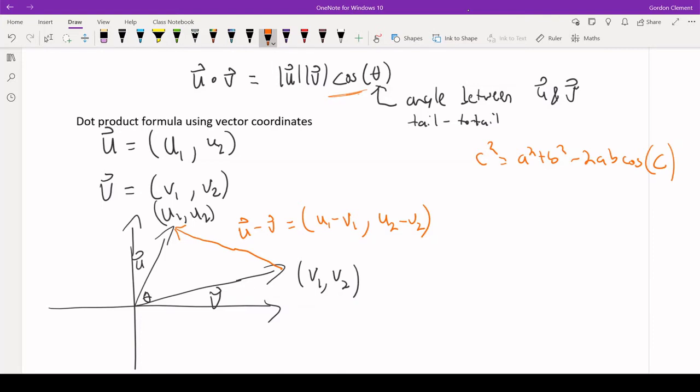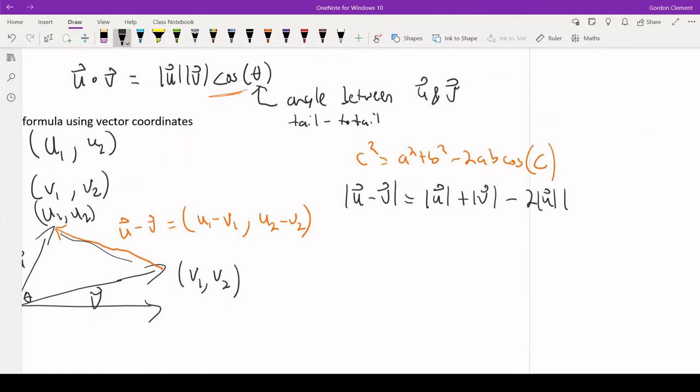So c would be the side across from the angle, which would be the magnitude of u subtract v, the magnitude of that subtraction vector, because that would be this side in the picture. The a and the b would be the magnitude of u and the magnitude of v. And then minus 2, I'm going to squeeze this in. Actually, I don't have to squeeze it in.